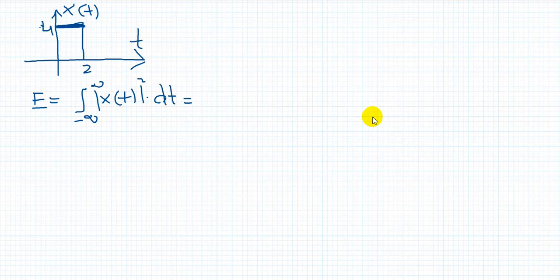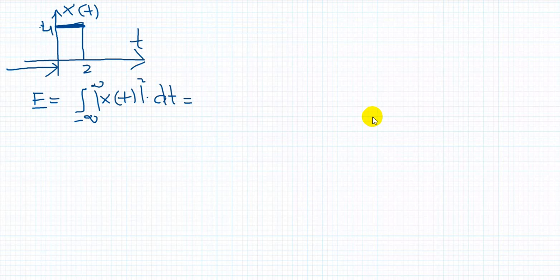If you see here, from minus infinity up to 0 the signal is 0, so x of t is 0, integral of 0 dt.